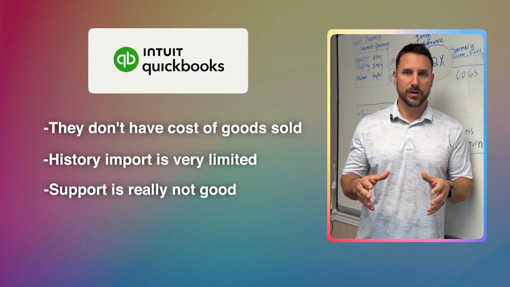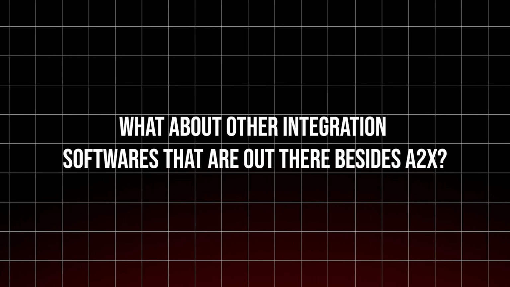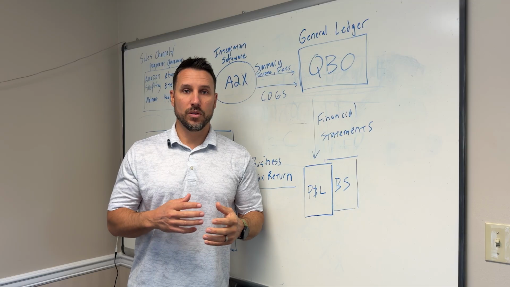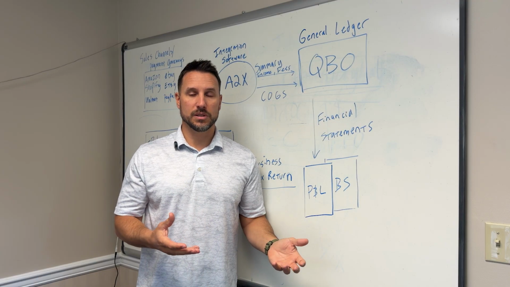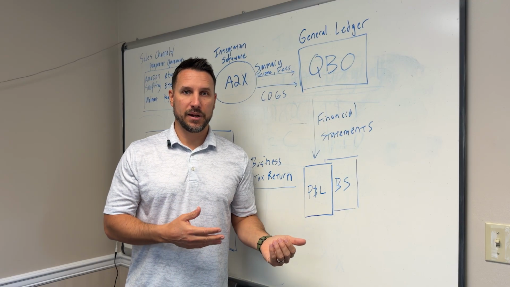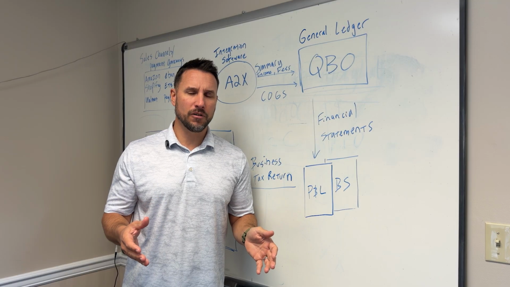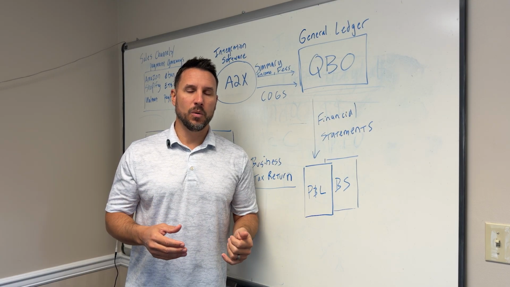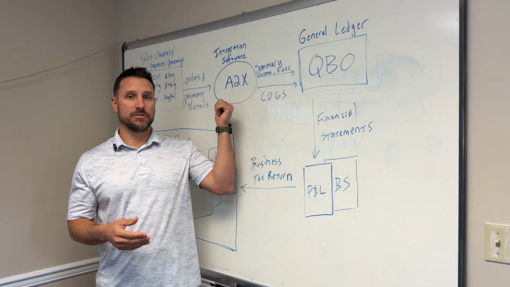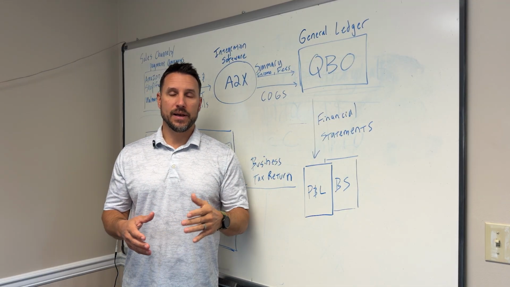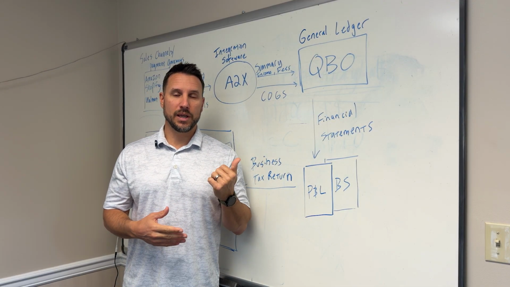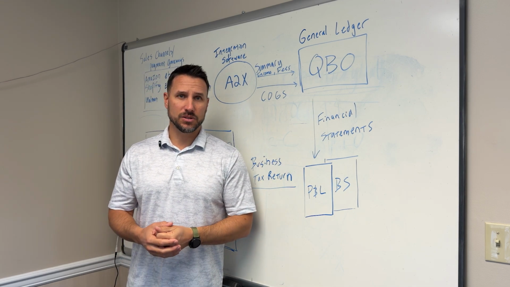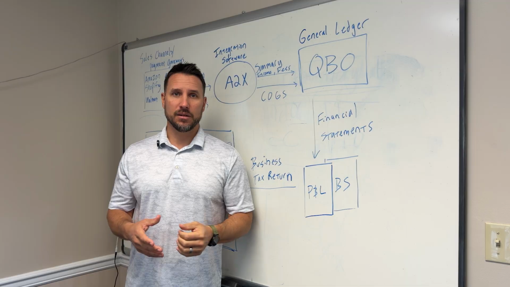What about other integration softwares that are out there besides A2X? Well, there's a lot of new systems that are popping up that are competitors of A2X that may offer a lower rate or something along those lines. But what I've found is that A2X is very well supported, and that's very important. If you can't get good answers to why something's not tying out to the penny, then that's not going to be a good system.